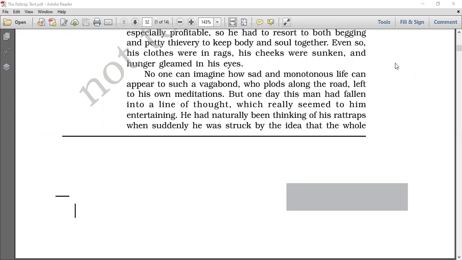That means to a beggar, maybe an orphan, something abandoned or given up, who plods along the roads, in the sense wandering, walking here and there along the roadside, and left to his own meditations.